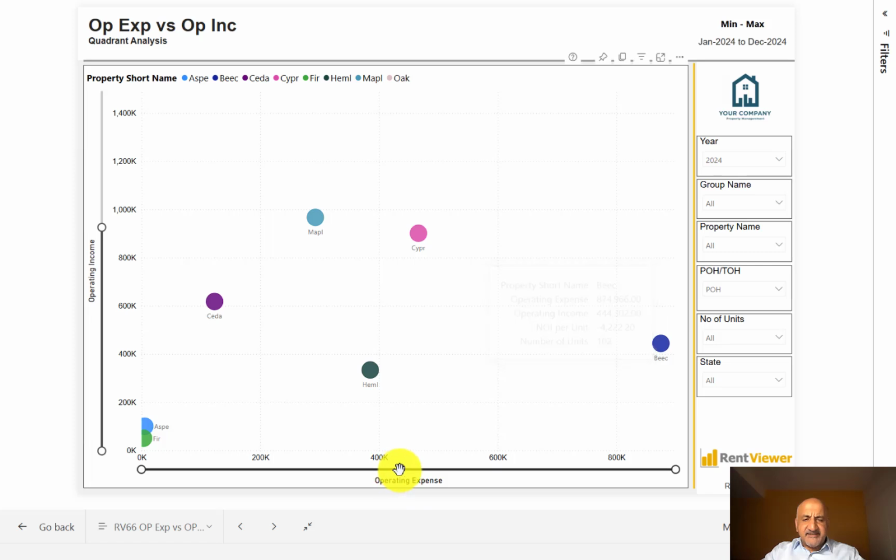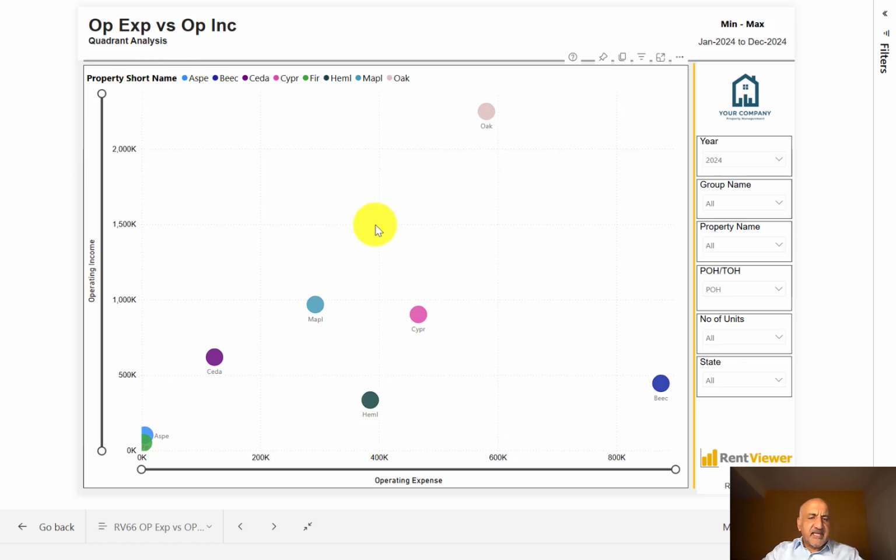High operating expense over here for Beach Lane, and another one here that has relatively low operating income, but yet high operating expense, and that is Hemlock Hollow. I'm going to pay more attention to these two because these seem to be dragging down my portfolio. Ideally, I want my properties to be in the upper left quadrant of this scatter plot, because that means high operating income and low operating expense. So let's dig into these two properties in more detail and try to understand what's going on.